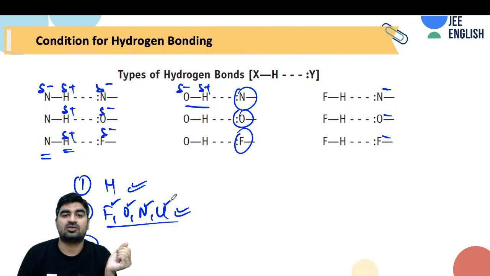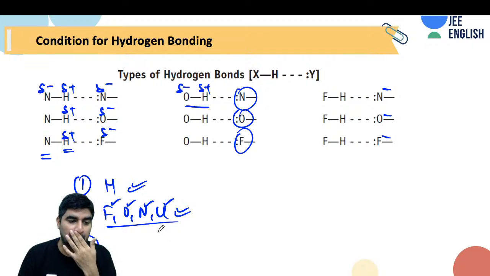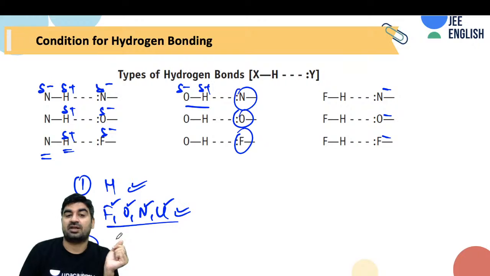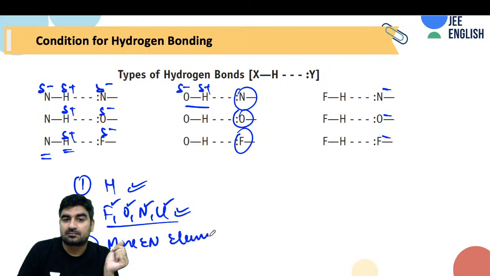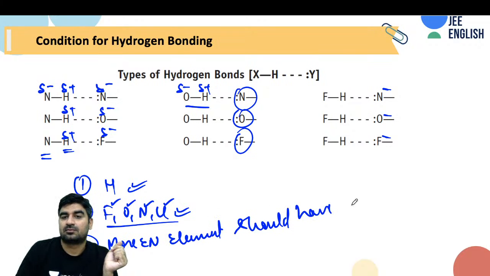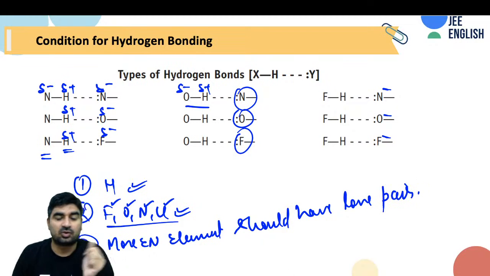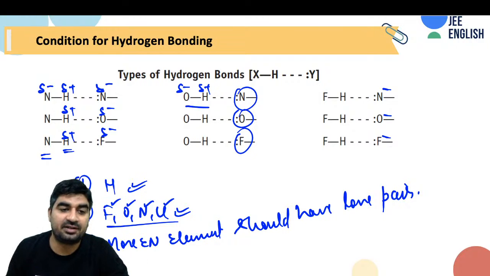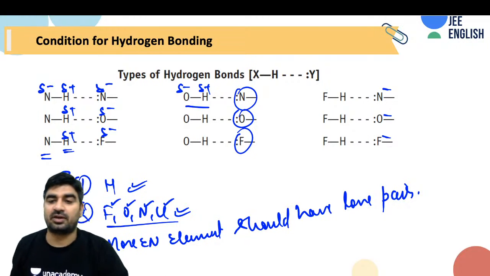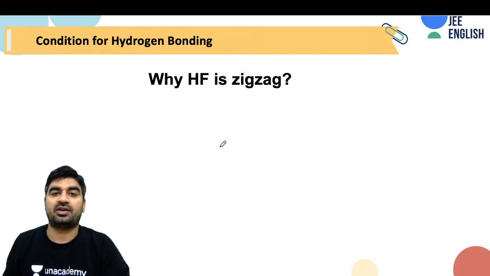The third condition was that the more electronegative element should have a lone pair. Okay, note it down. That's important. Is that done? So now you know the conditions for hydrogen bonding and you know what is hydrogen bonding.